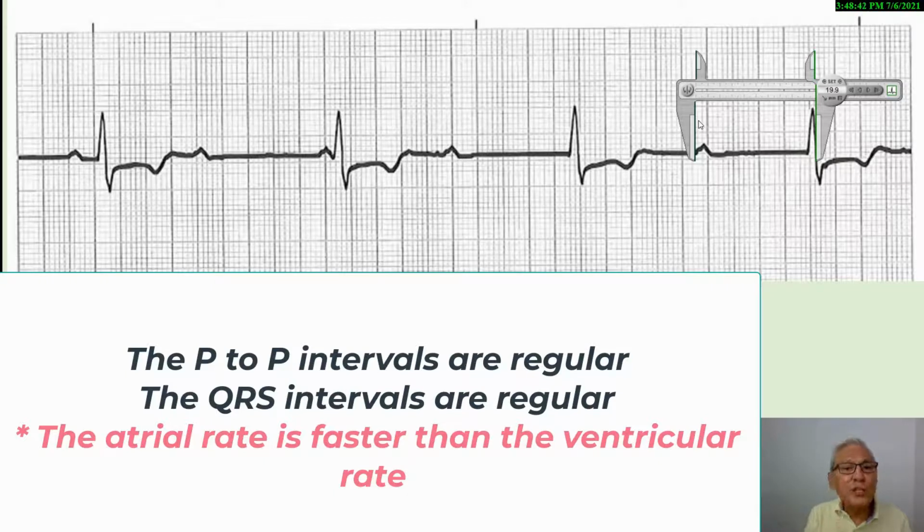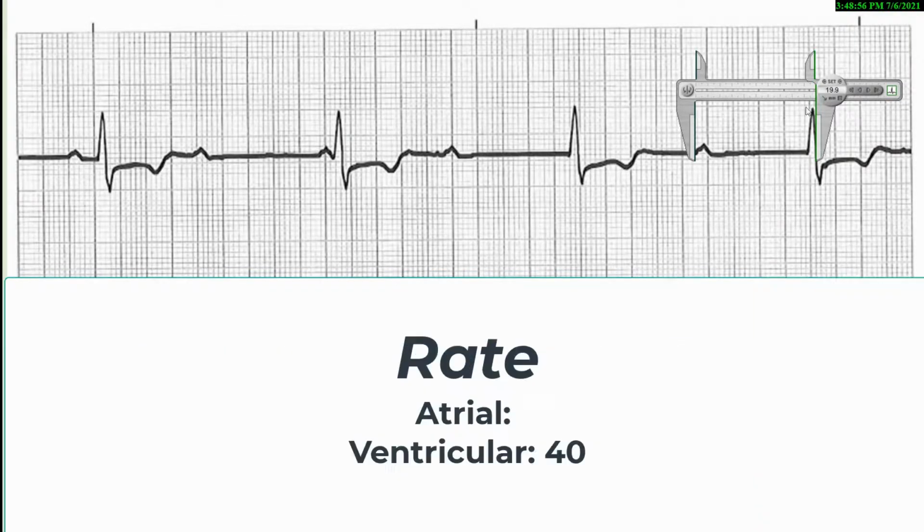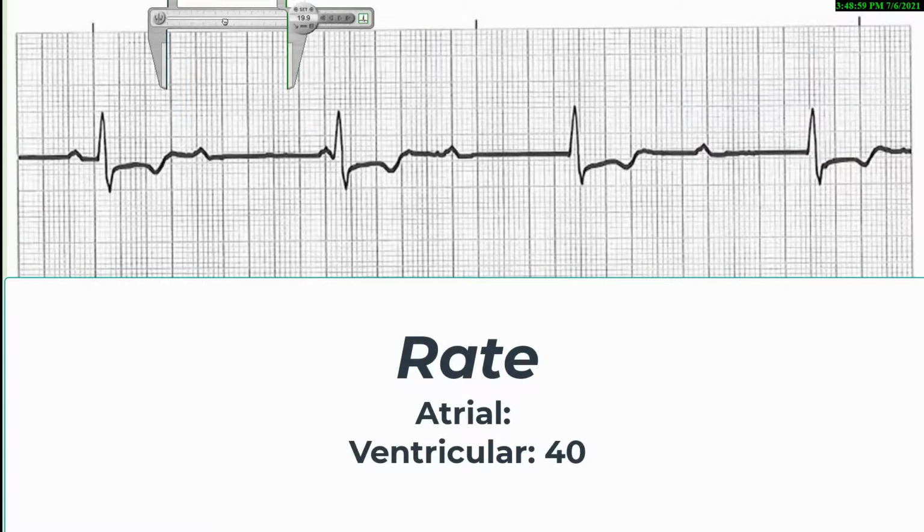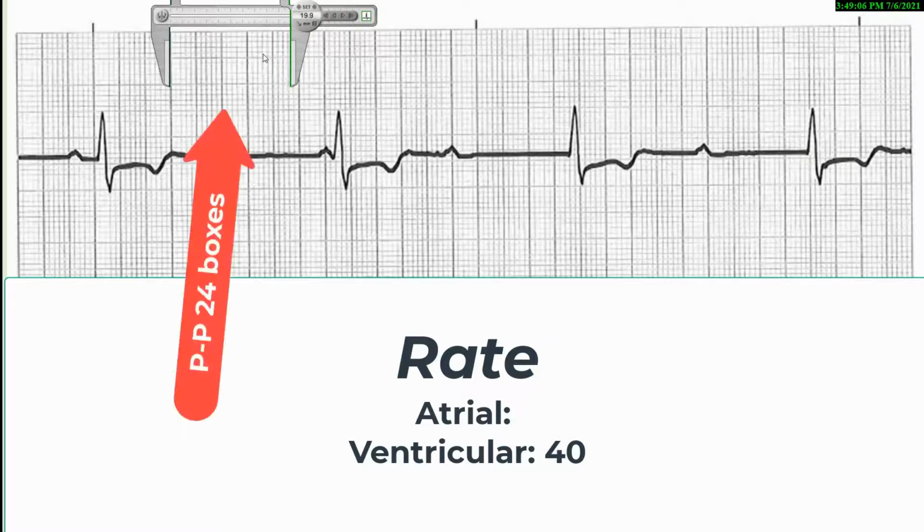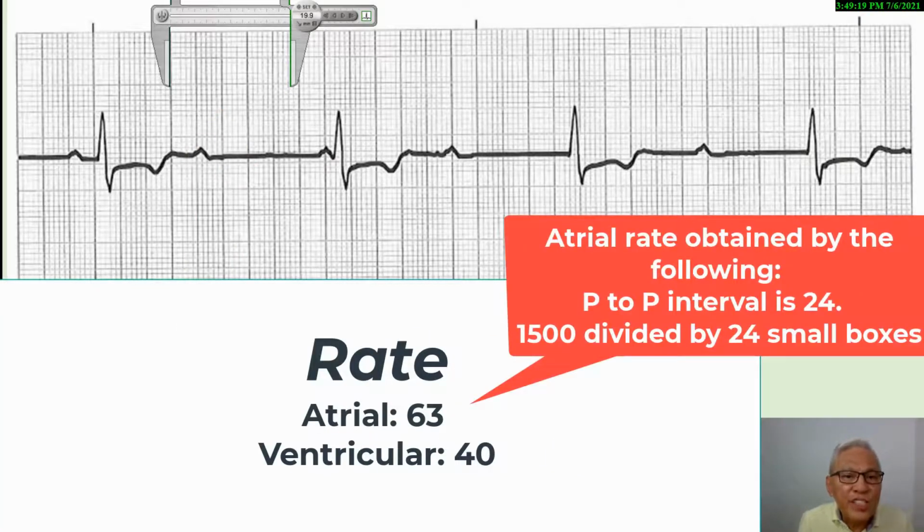So the atrial rate is regular, the ventricular rate is also regular, but the rates are quite different. The ventricular rate in here is 40, whereas the P wave rate, as we could see, is 5, 10, 15, 20, 21, 22, 23, 24. The atrial rate is 63.